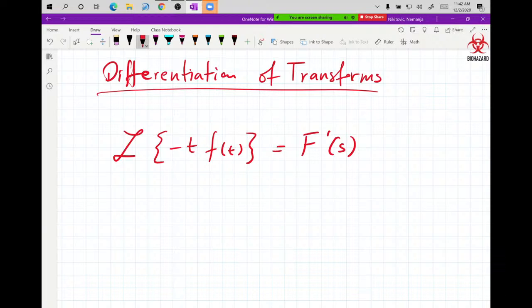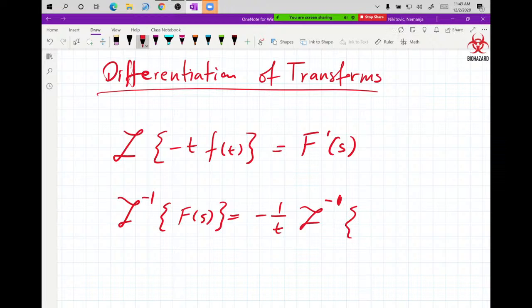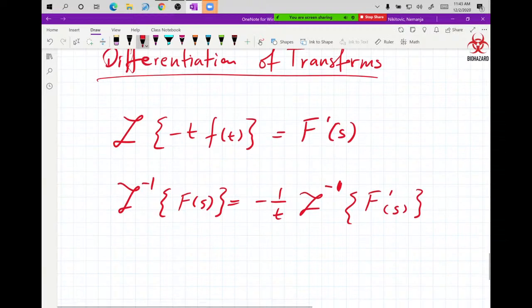Holy nightmare, right? Because that means that the inverse Laplace of F of s is simply negative 1 over t times the inverse Laplace of F prime of s.